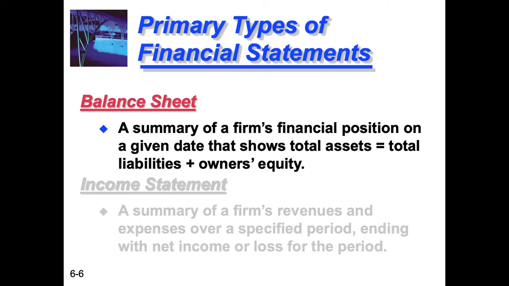Okay, now we move to the primary types of financial statements. First one, balance sheet. I know that you have learned about the balance sheet. Balance sheet is a summary of a firm's financial position on a given date that shows total assets equal total liabilities plus owner's equity.